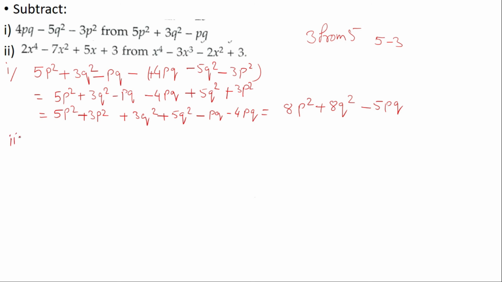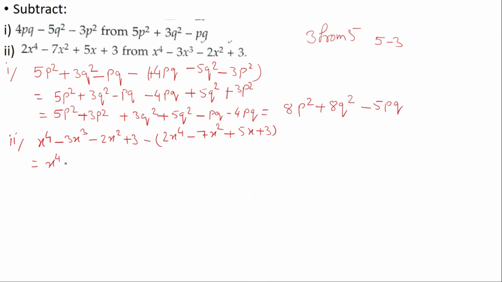Number 2. We will write the last term first, that means 4x to the power 4 minus 3x cube minus 2x square plus 3, minus 2x to the power 4 minus 7x square plus 5x plus 3.